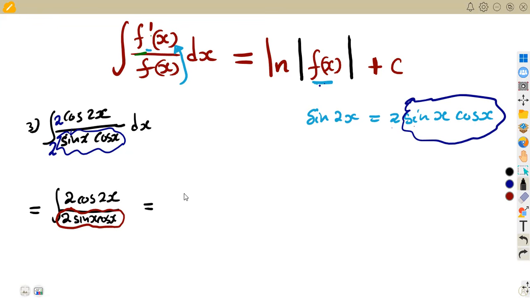So it can be written now as the integral with respect to x of 2 cosine of 2x over this whole part now as a single trig, sine 2x. So this is what we're going to have at the end.